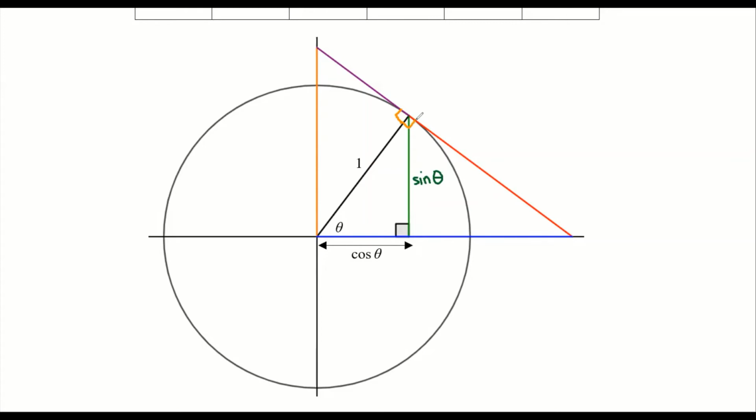Okay. We also know we've got some other angles that we can label as theta hidden in this diagram. Now, the angle here must be the difference between theta and 90, because the orange line and the blue line intersect at 90 degrees. I know it's not given explicitly, but you can assume that.